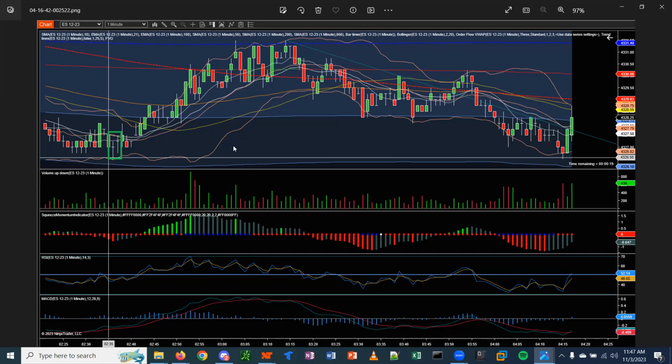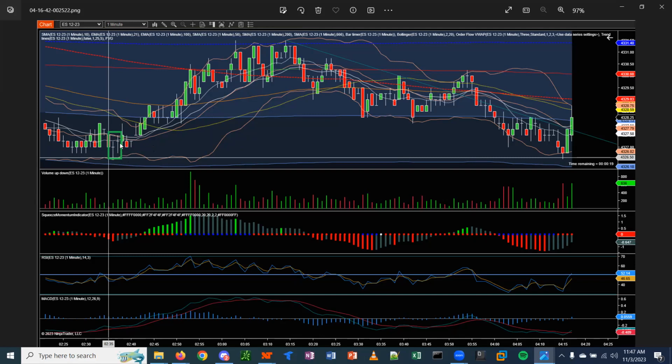What block orders are to me is a bunch of orders. It could be big. I'm guessing the bigger the wick, the bigger the block orders were. So there's orders in there that will not get filled and that will get filled at a later time, right?